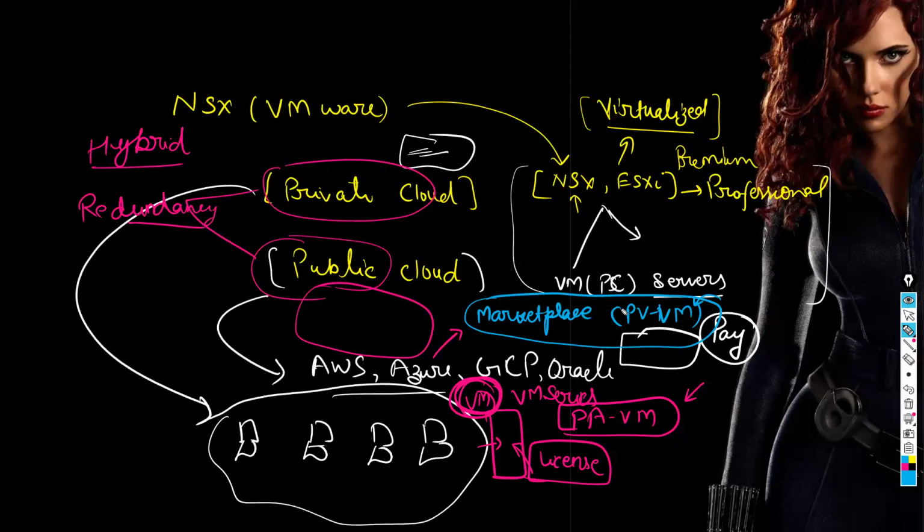So ultimately, the important part here is the PAVM. You cannot deploy the Palo Alto 3420 hardware in the cloud or the virtual environment. There you have to use the VM-Series. So that's how the VM-Series comes into the picture.